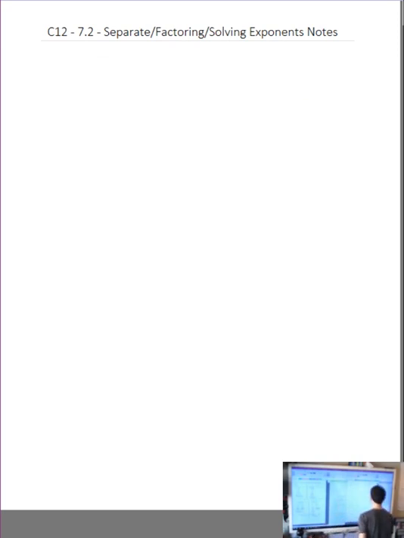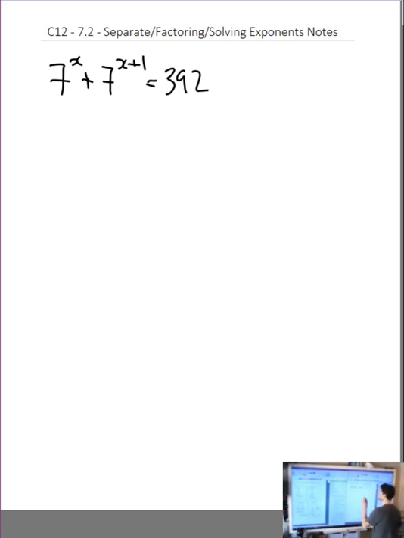Let's take a look at another example. So let's take 7 to the x plus 7 to the x plus 1 equals 392.